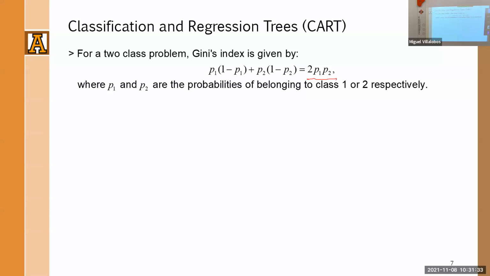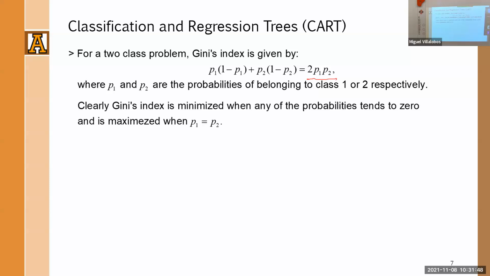That's what it is. P1 and P2 are probabilities of belonging to class 1 and class 2 respectively. So that's Gini's index. Okay? And that's the criteria that is used in the CART model.